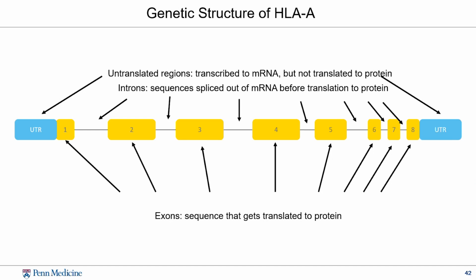These are regions of the gene that are transcribed to messenger RNA, but they are not translated to a protein. In the middle here, we have these introns. These are sequences that are spliced out of the mRNA before they're translated to a protein. And then finally, we have the exons, and these are the actual parts of the gene that get translated to a protein. So this would be what is known as the protein coding regions of the gene.